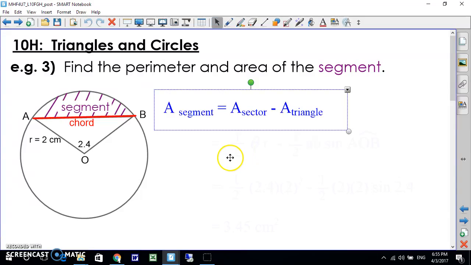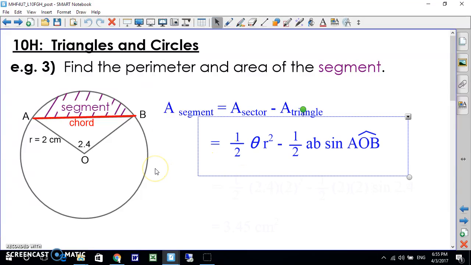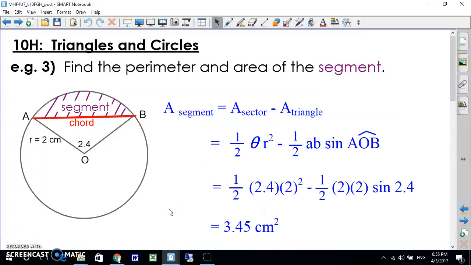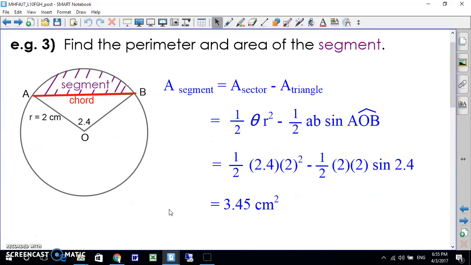So the area of the sector is half theta times r squared, and the area of the triangle is half side a, side b times sine of AOB, which is the 2.4 radians here. So once you realize this, it becomes a substitution problem. So plug in angle 2.4 radians, 2 for radius, simplify, you will get 3.45 square centimeters.